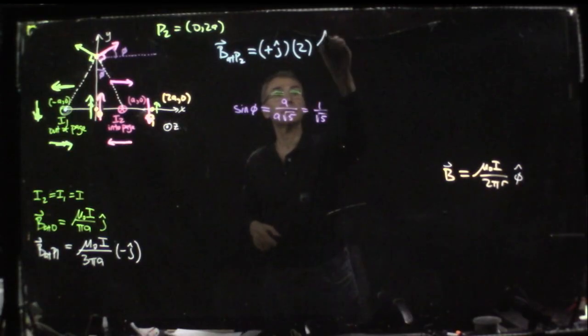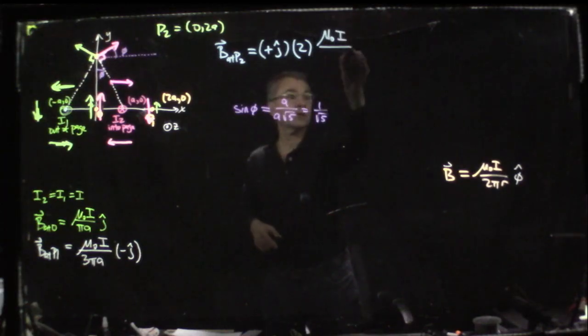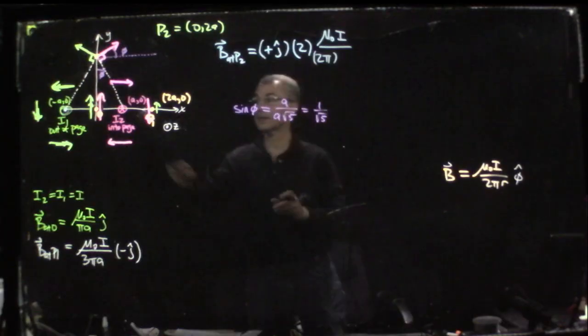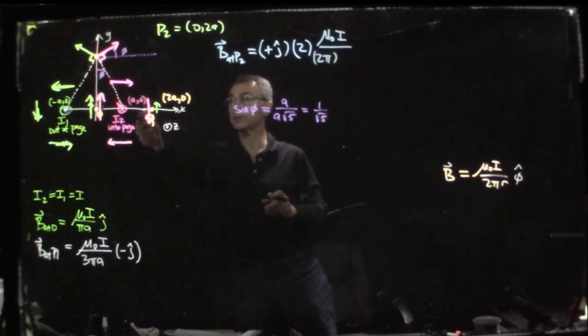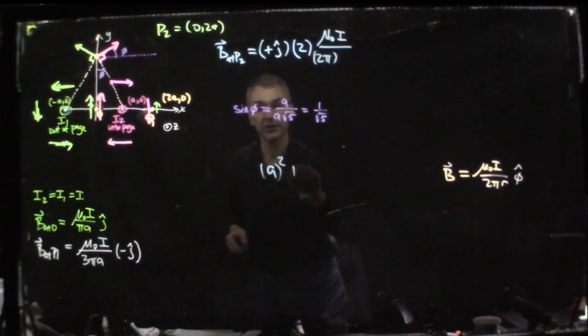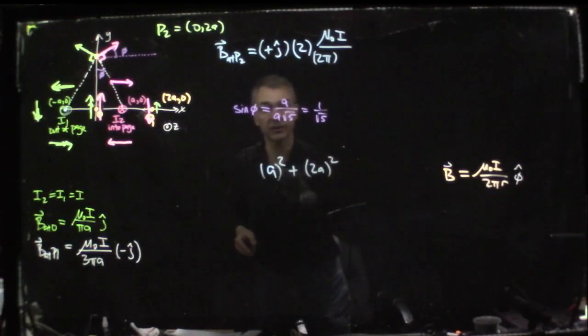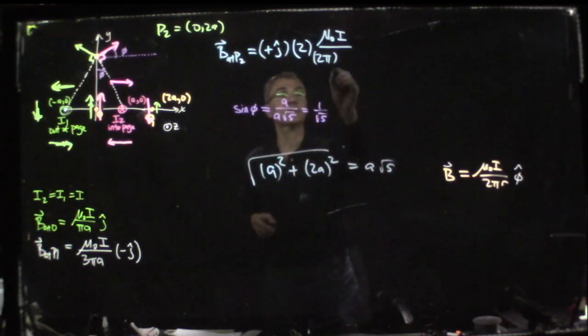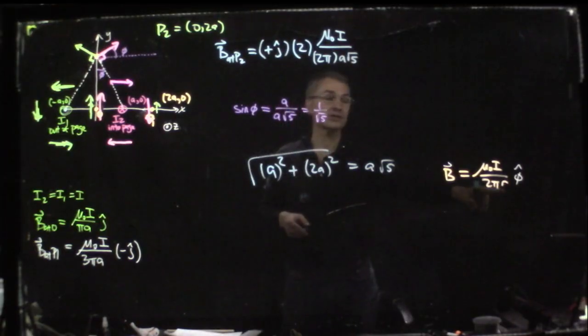This is going to be mu naught I over 2 pi. How long is this radius vector between this current and this point P2 where we want to evaluate the field? Again, this is a squared plus the quantity 2a squared. The square root of a squared plus 2a squared is a root 5. So that is a root 5 for the distance here.